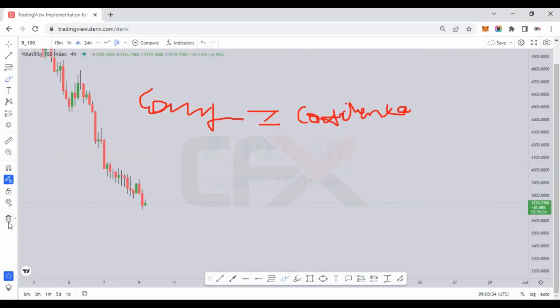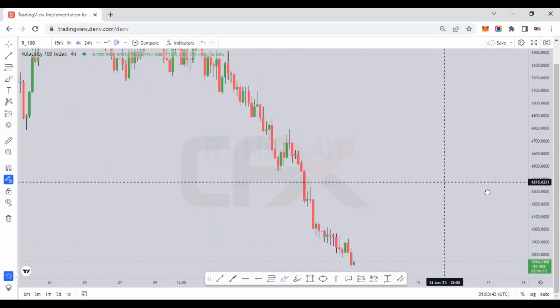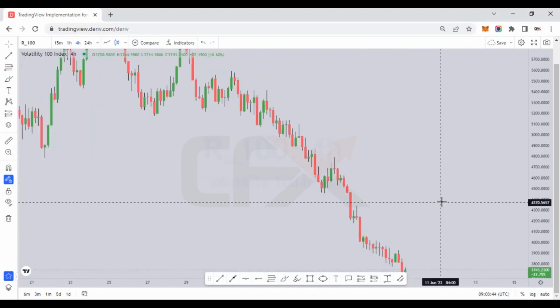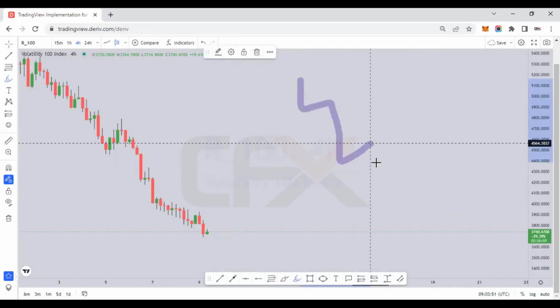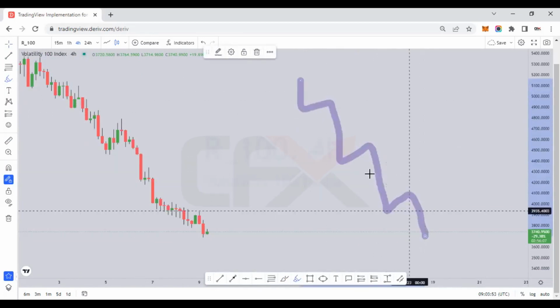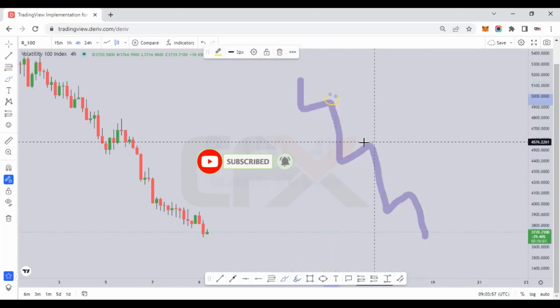So let's try to use the Fibonacci. Like I said, we are using it to determine the retracements in the market or the pullbacks. So mostly we use it when market is what? Trending in one direction. Let's say the market is going down, then we can use the Fibonacci to track all these pullbacks.